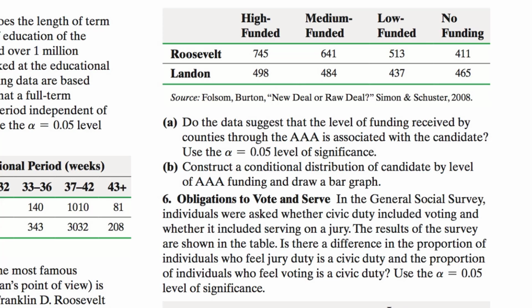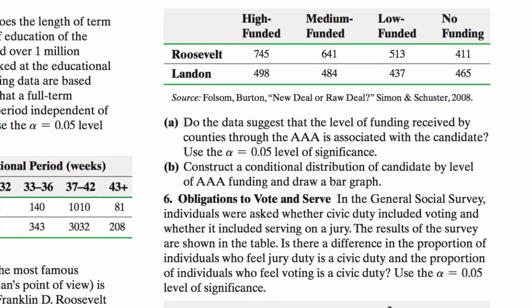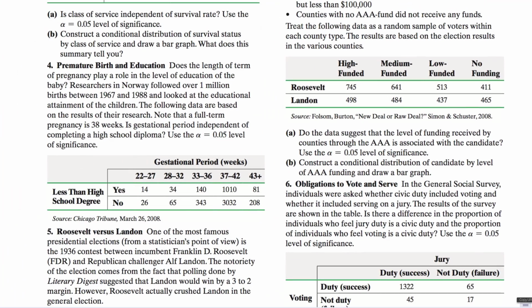Typically, we would use Microsoft Excel or SPSS, or Minitab or SAS, something like that. But we don't have access to that. We only have a graphing calculator, and it doesn't do that well. So if we want you to have a bar graph, we'll give you one, but we're not going to ask you to produce one, not by hand anyway. Let's just get the conditional distribution very briefly.